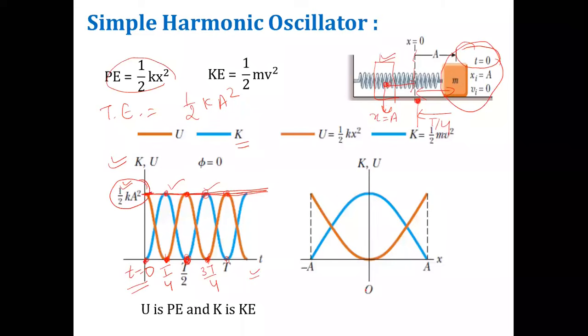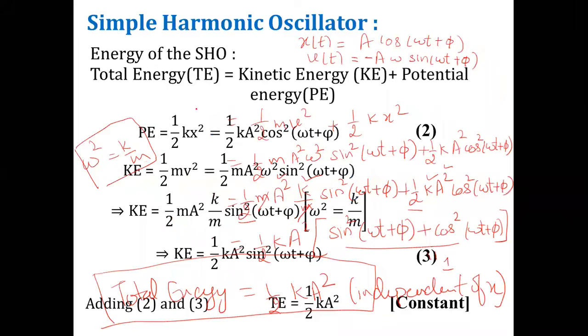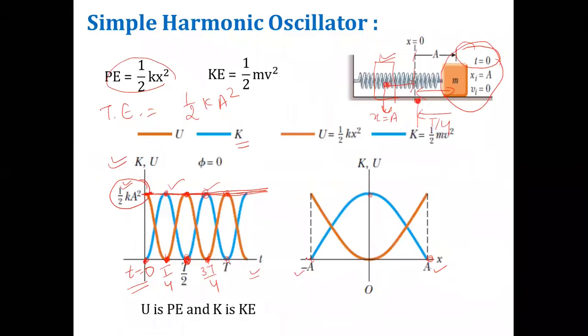If you talk about how your kinetic energy and potential energy are going to look as a function of displacement, you have a maximum and a minimum, right? At the extremes, your kinetic energy is 0. At the center, your kinetic energy is maximum. And remember, kinetic energy is going to have a sine square formula here. That's why the graph looks like this.